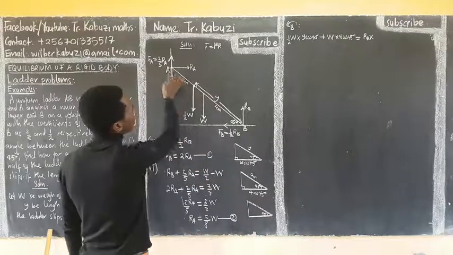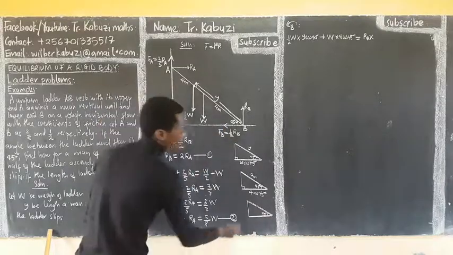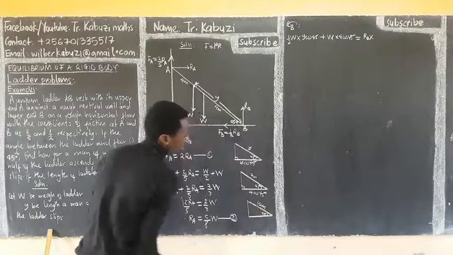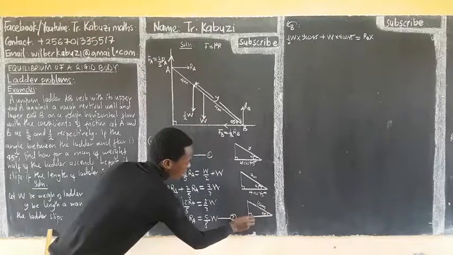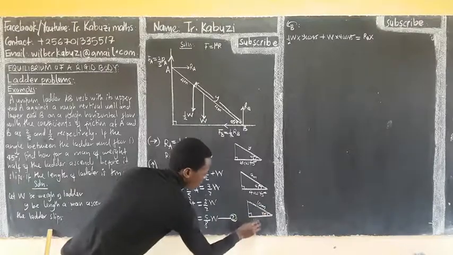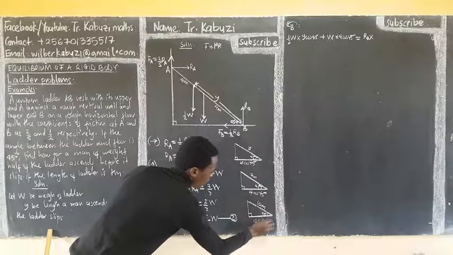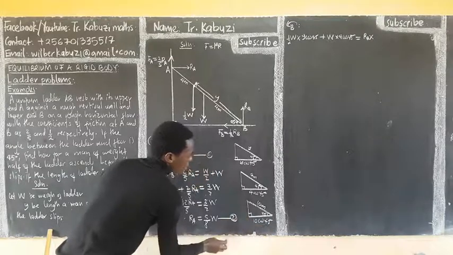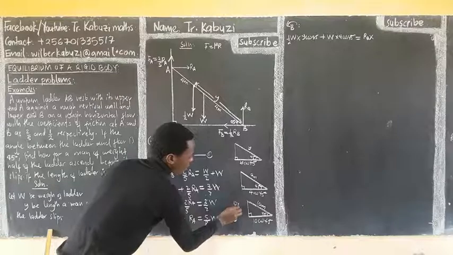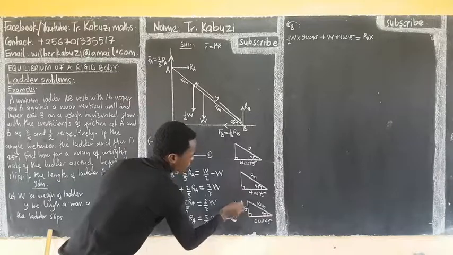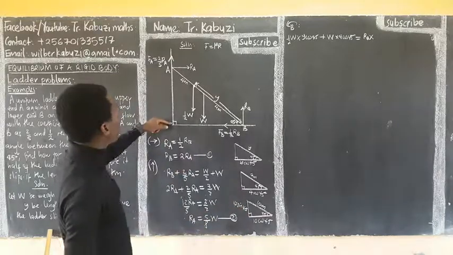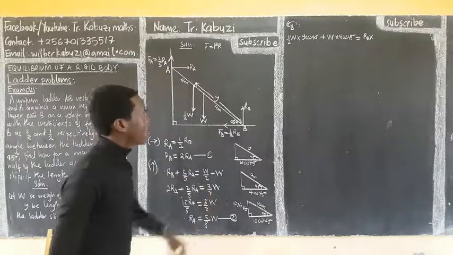Now, the length from here up to here is the length of the ladder, which is 10 meters. So this is adjacent, so adjacent will be 10 cos 45. Then this is opposite and goes with the sine, so 10 sine 45.